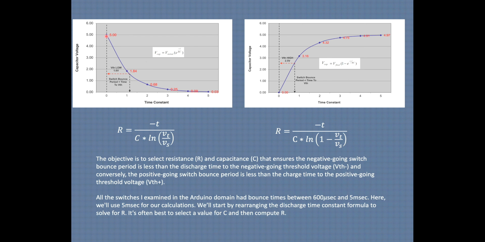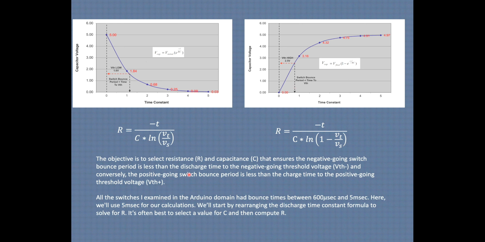So the time for the discharge to 1.6 is greater than the switch bounce period. On this side, the charge time to our upper threshold, 2.5, we want to make longer than the switch bounce period. And that's everything in a nutshell.